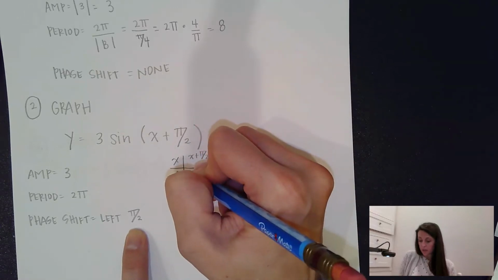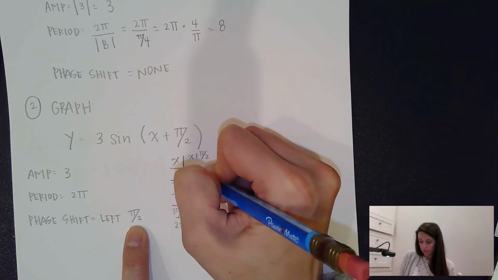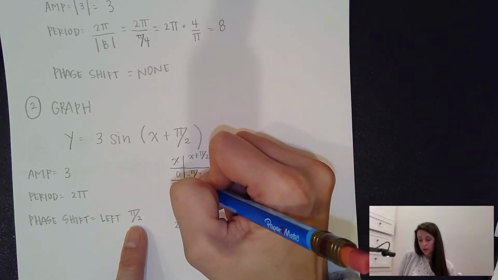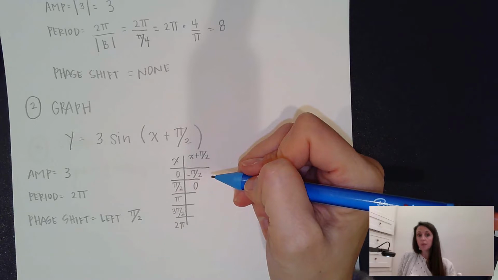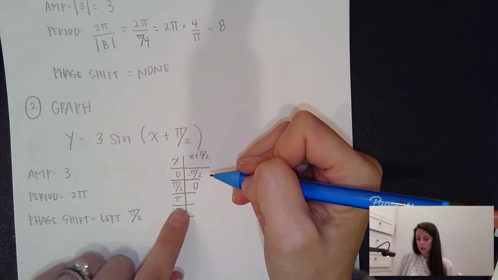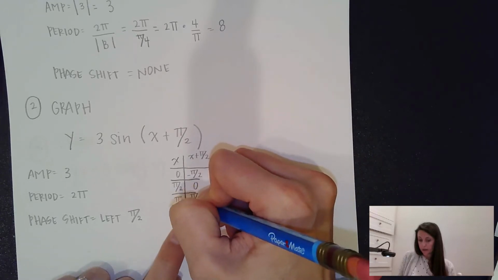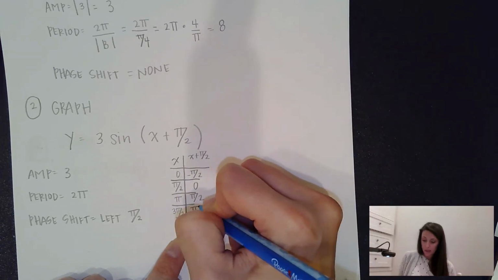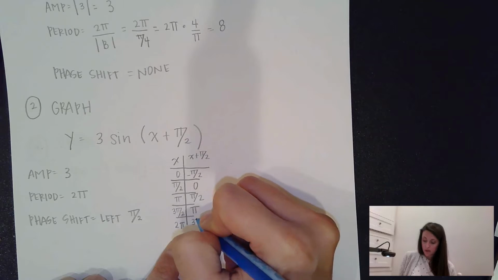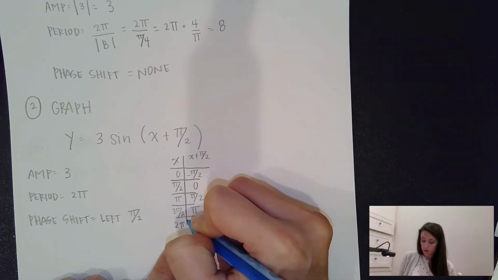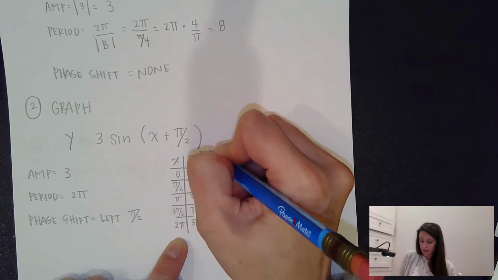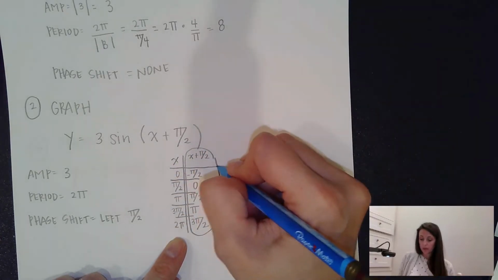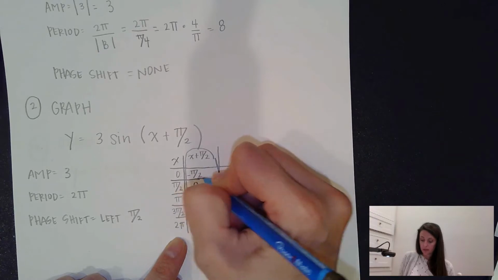So instead of starting out at 0, I'm going to start out at negative pi over 2, I'm sorry. And then I'll go to 0 here, and then I will be back to pi over 2, and then I will be at pi, and then I will end at 3 pi over 2. So this is going to be my new x-axis here with one period.